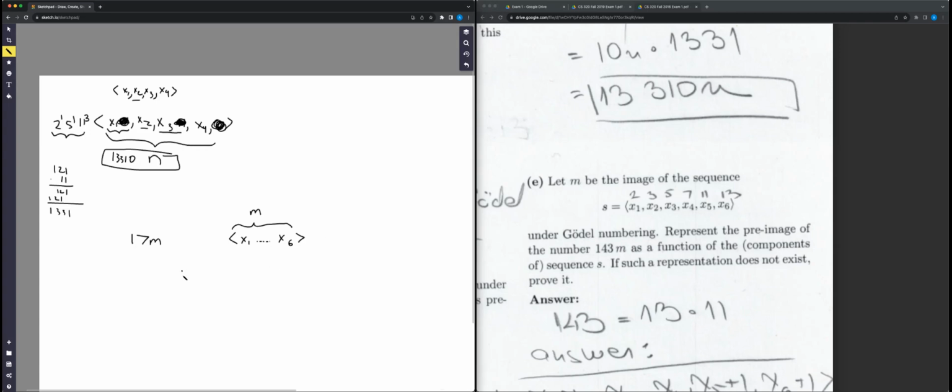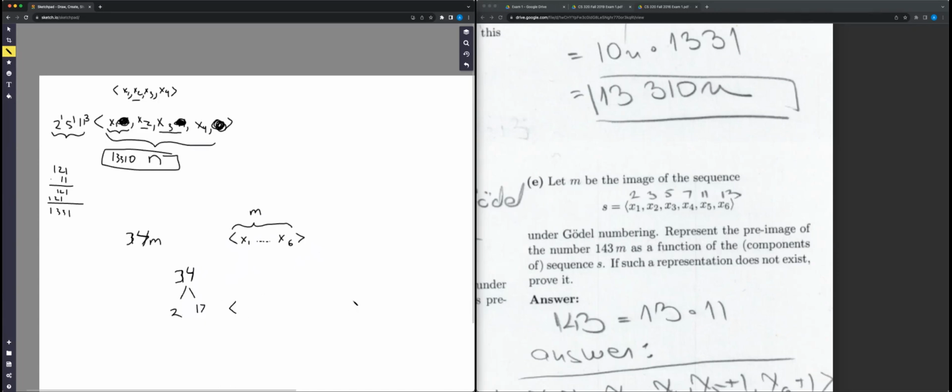But now we want to figure out a way to represent 17M. Let's make this slightly more difficult. 17 times 2 is 34. Let's make this 34M. So we need to break down 34 into its prime factorization. Well, 34 just breaks down into 2 and 17.